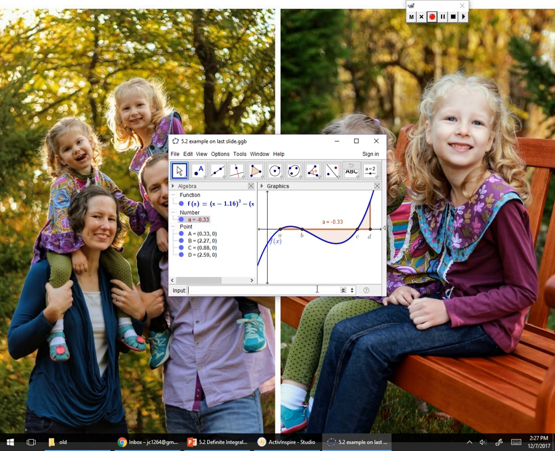It's negative 0.33 is the answer, it turns out.